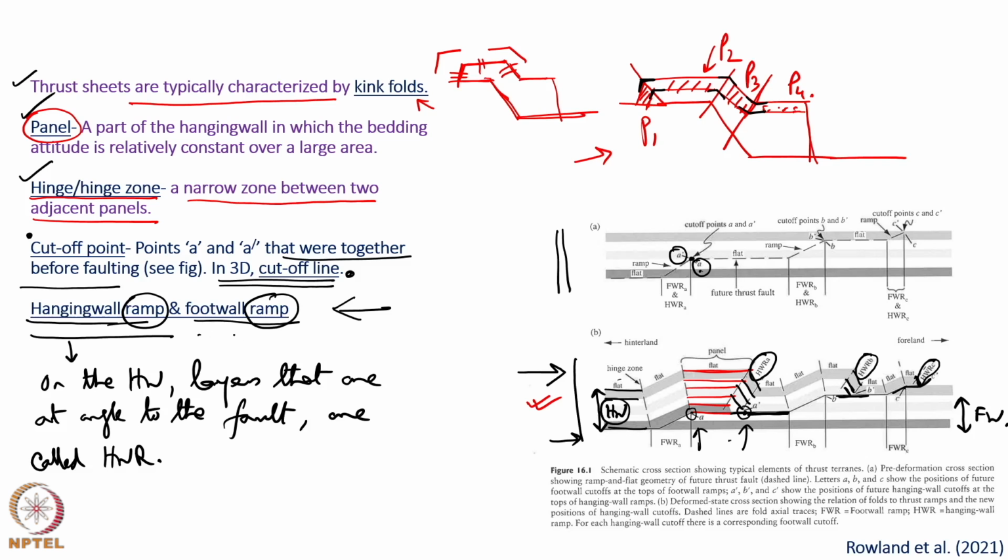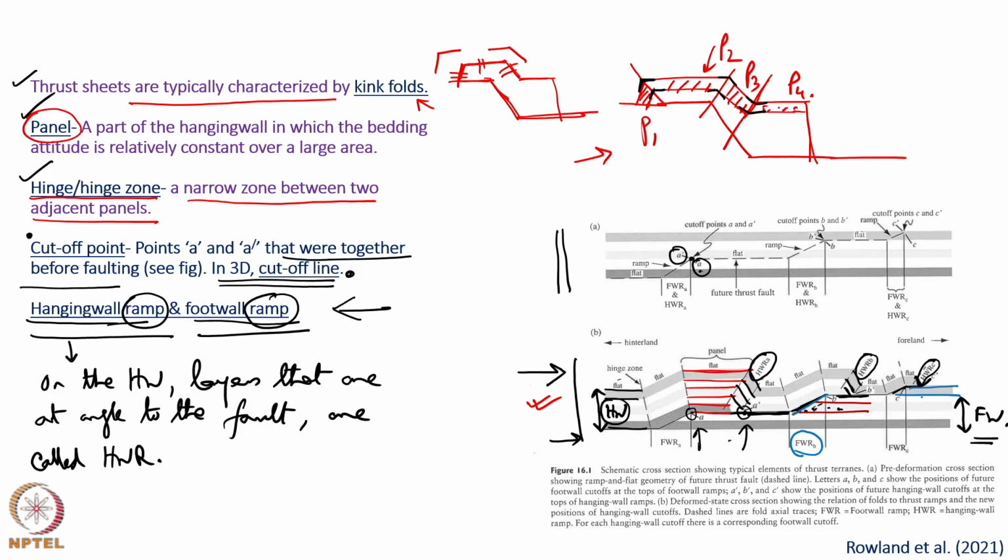Similarly, one can define the foot wall ramp. Now, we are going to consider only the foot wall. Here this layer is making an angular relationship with the fault, that this is the layer and that is the fault. Therefore, we can call this foot wall ramp B. Similar thing is found here.